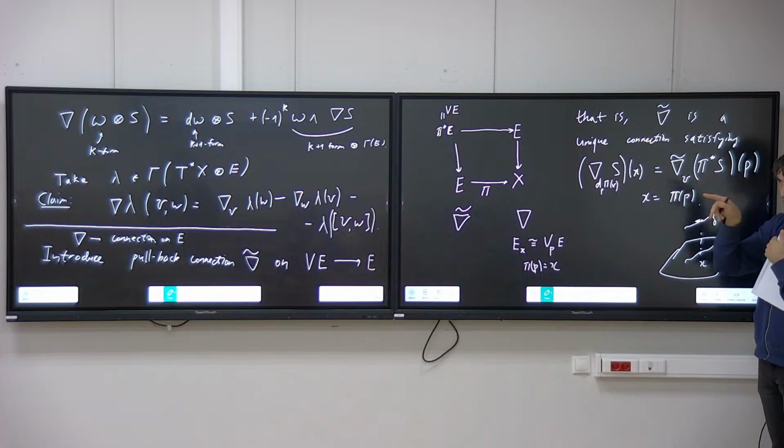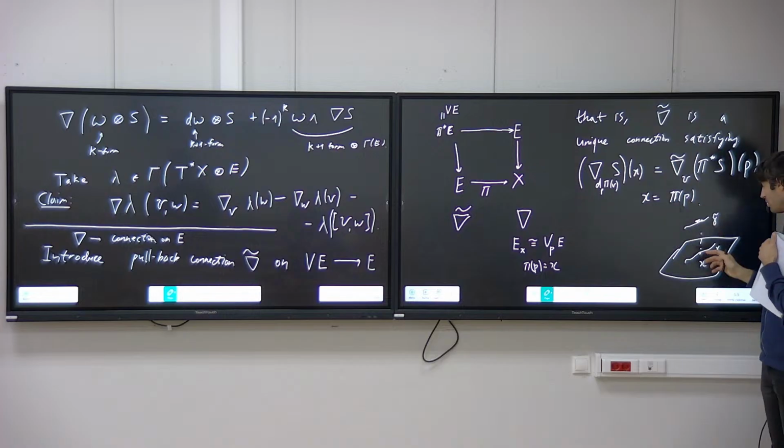So you take all the curves in E going through some fixed point at the top of X which are parallel with respect to this gamma. If you fix this curve, there's only one curve which is parallel to that.